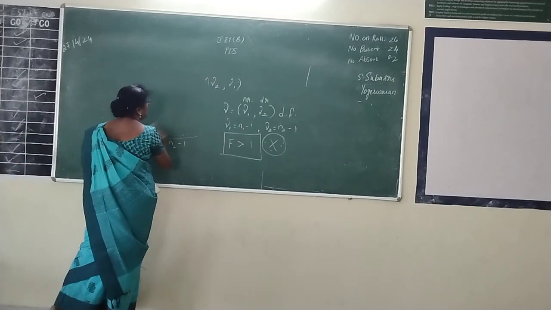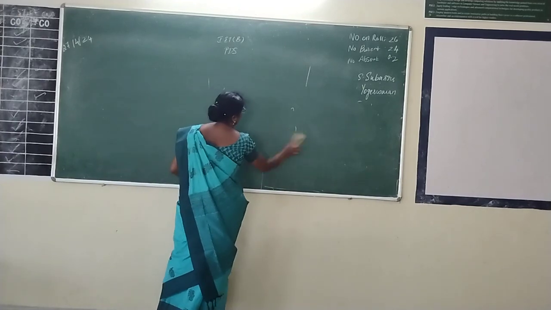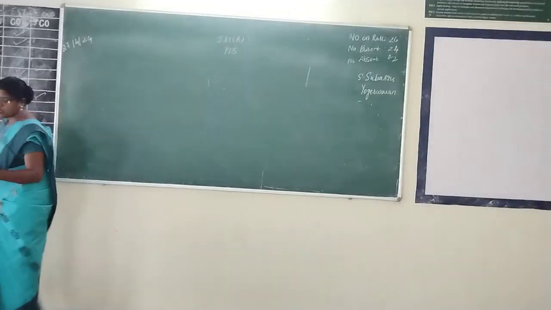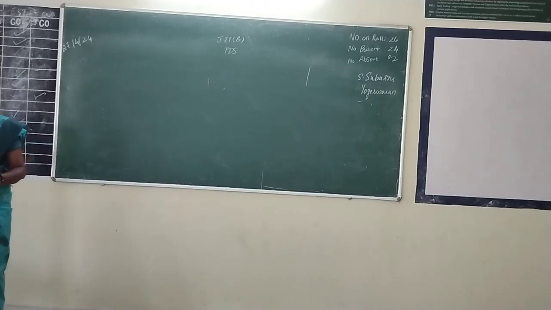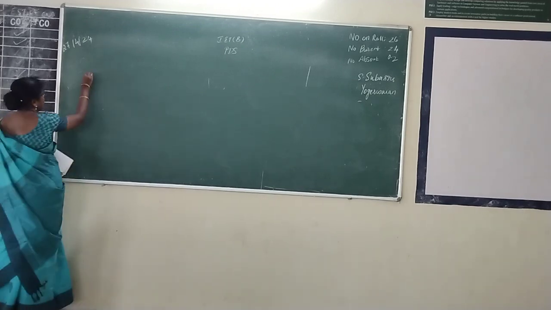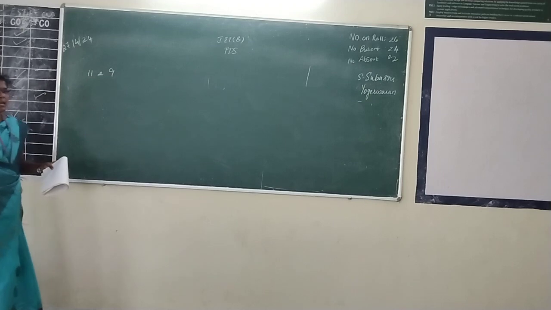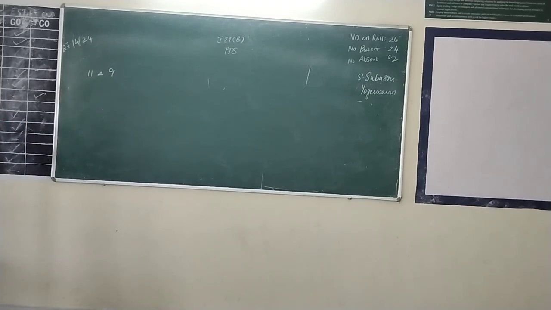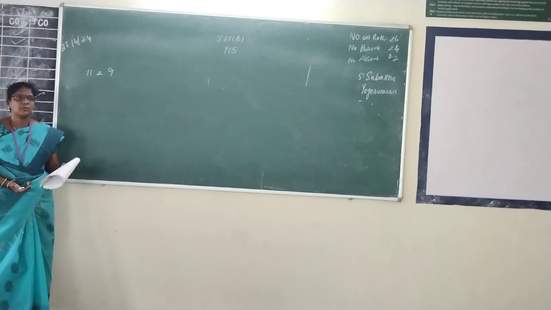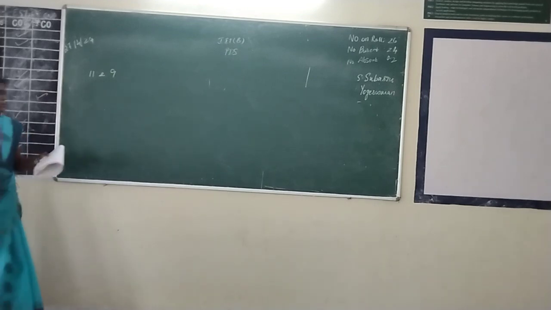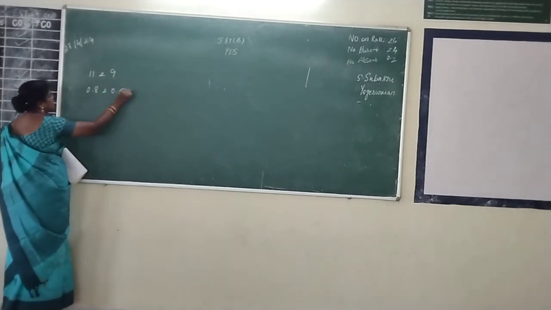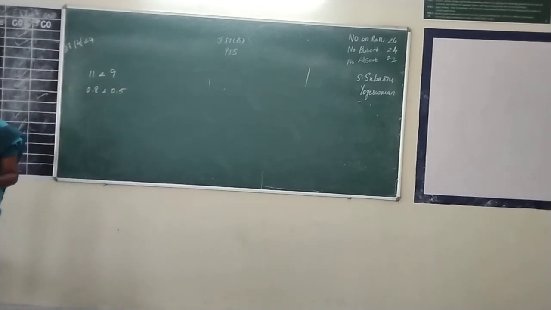Two random samples of 11 and 9 pumpkins show the standard deviation of their weight as 0.8 and 0.5 respectively.